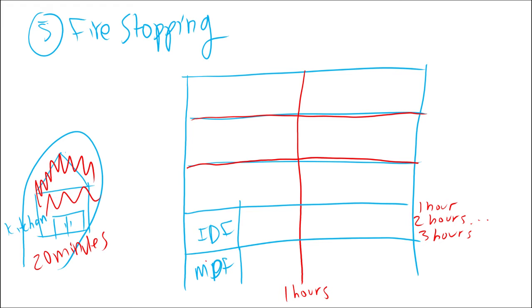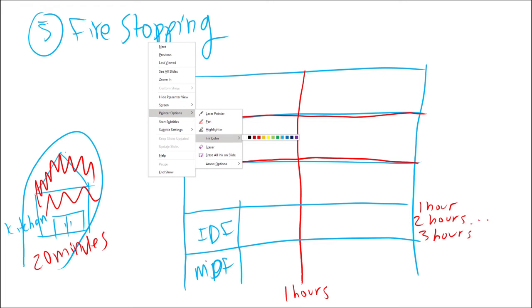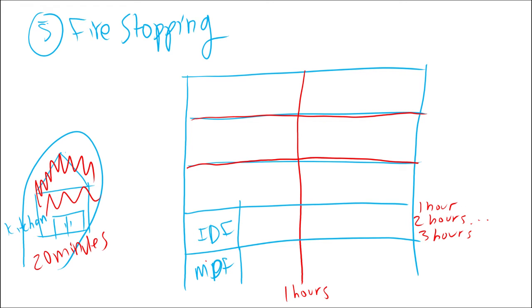We want to make sure if there's a fire that we don't spread the fire into the MDF. So we may give our room a 1 hour or a 2 hour fire rating.